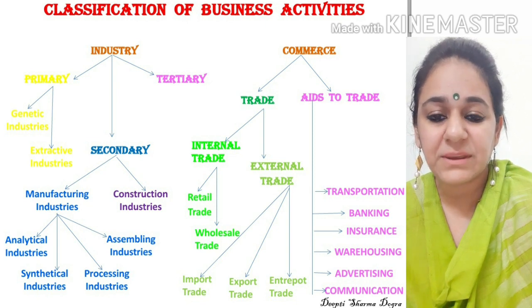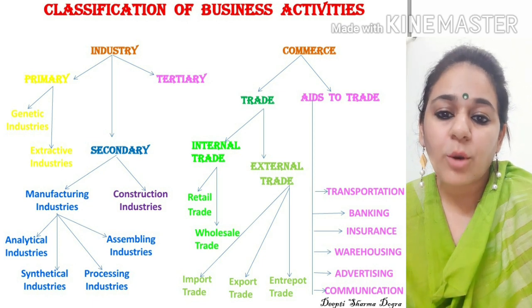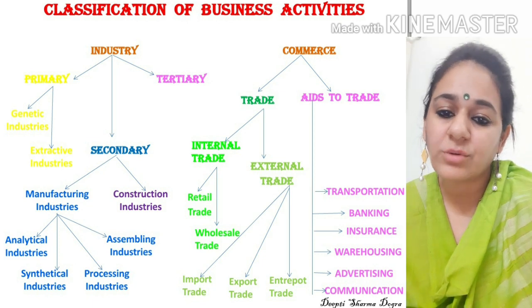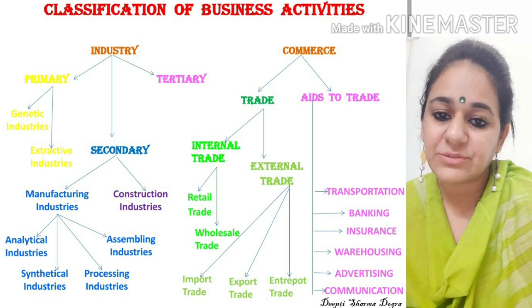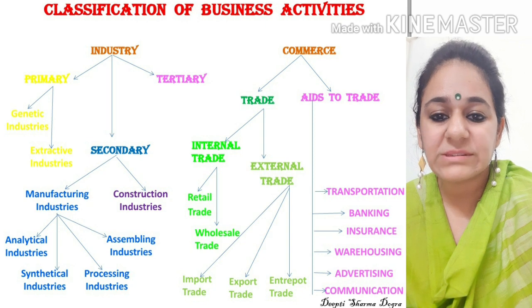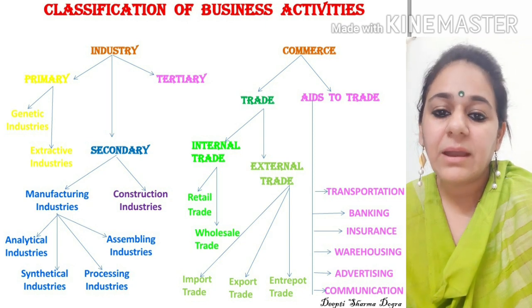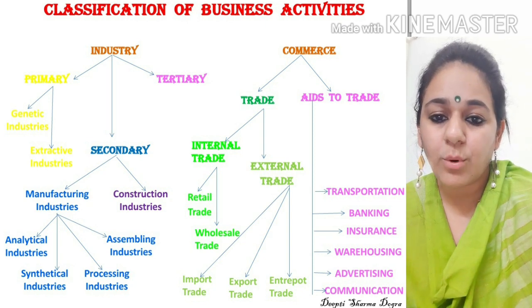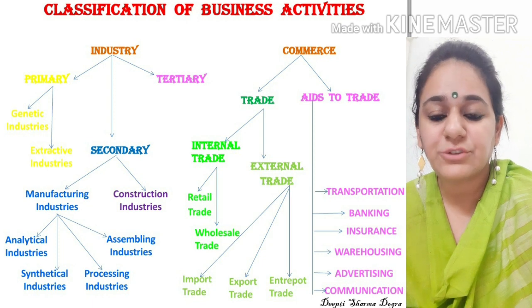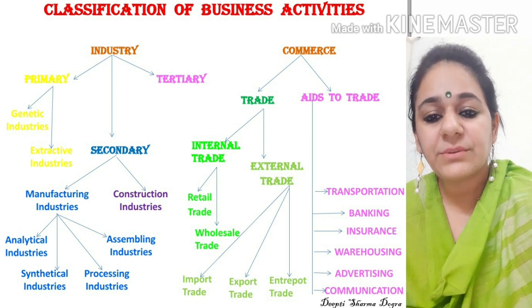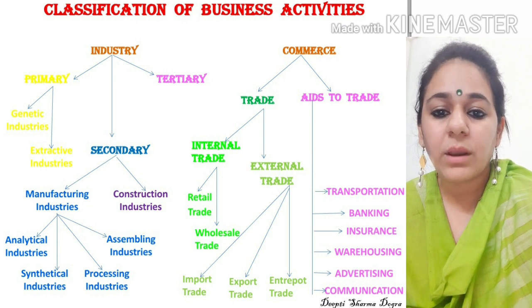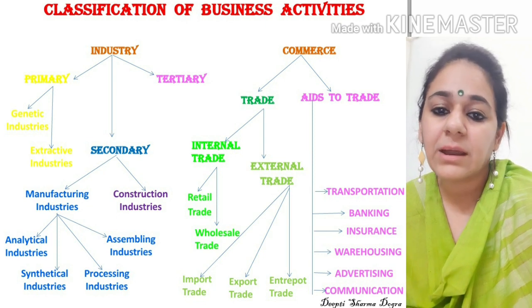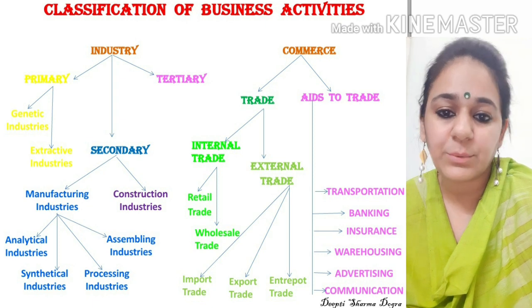Tertiary industries में we have all those auxiliaries to trade. Then commerce. Commerce includes trade and auxiliaries to trade. Trade में we have internal trade and external trade. Internal trade, wholesale trade, retail trade, and external trade, import, export and interport trade. Then auxiliaries to trade में we have transportation, banking, warehousing, insurance, communication and advertising.